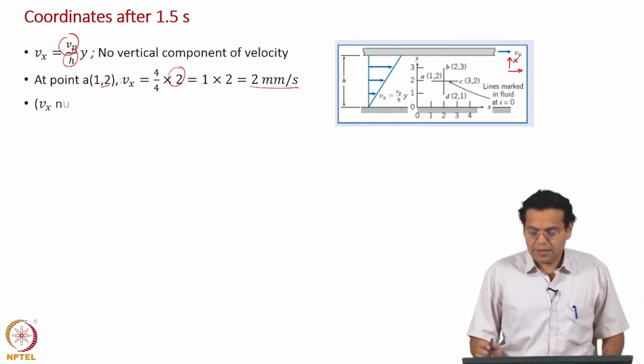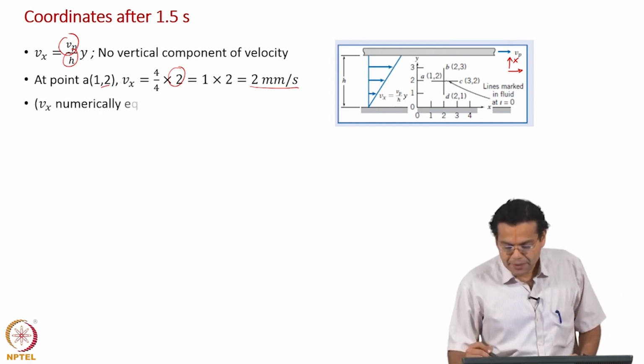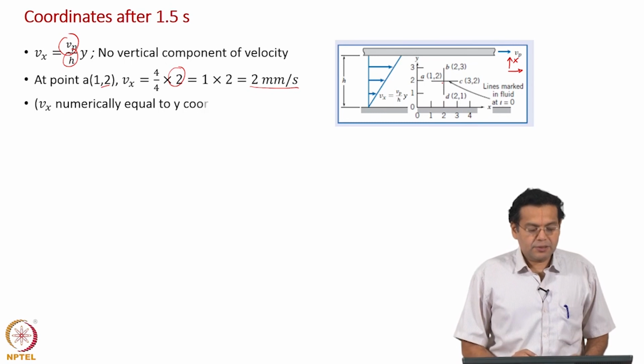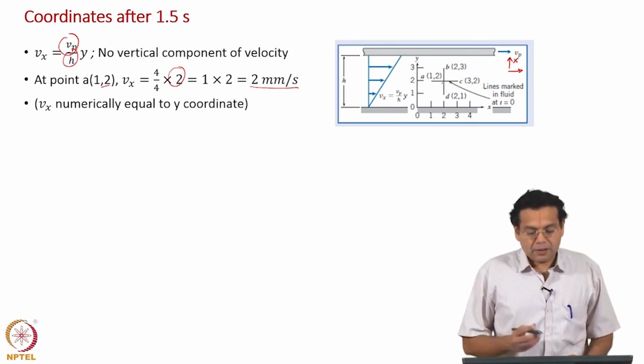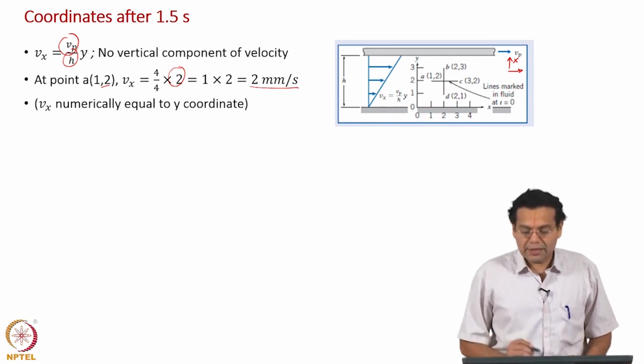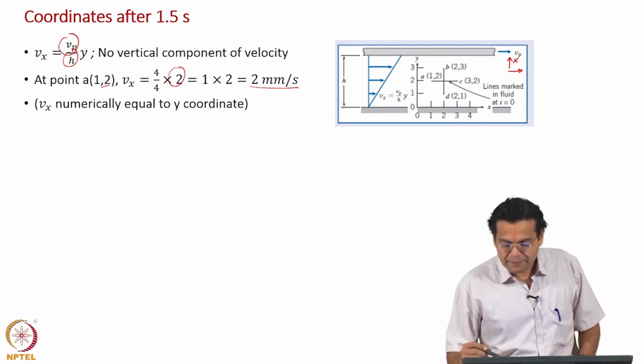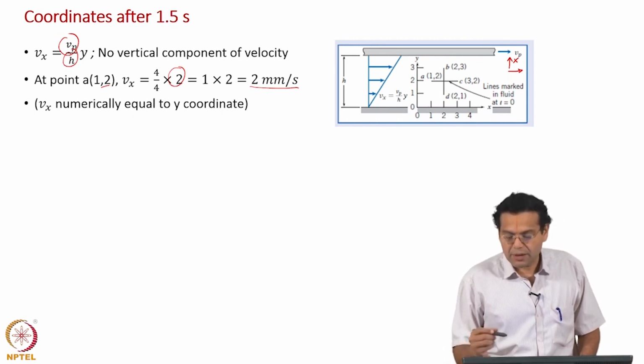So, if you look at these 4 points, the velocity depends only on the y coordinate. Not alone that, because of the numerical values chosen, the velocity is the same as the y coordinate. So, you can quickly get the velocity from the coordinates.